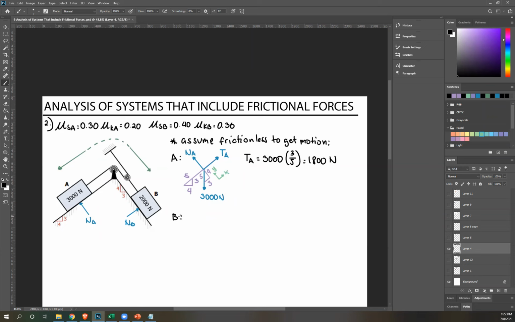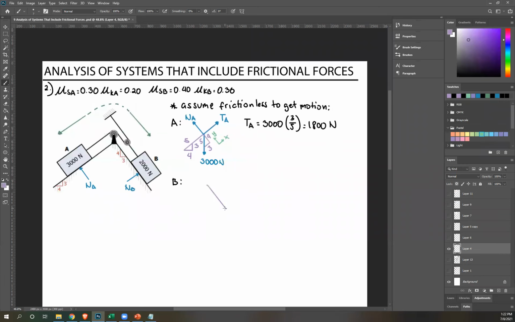Now for block B, same thing. So this is, once again, 3, 4, 5. We have this, and then this is your 2,000 Newton force, and then tension B, right?